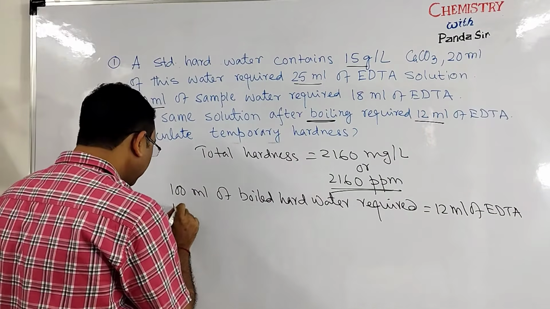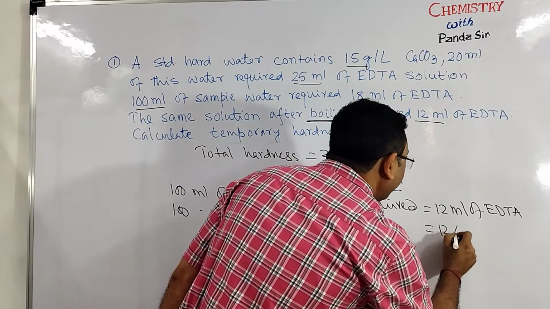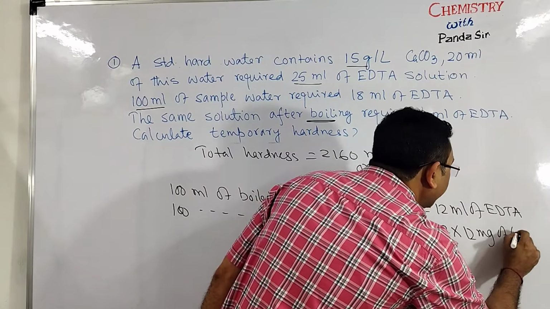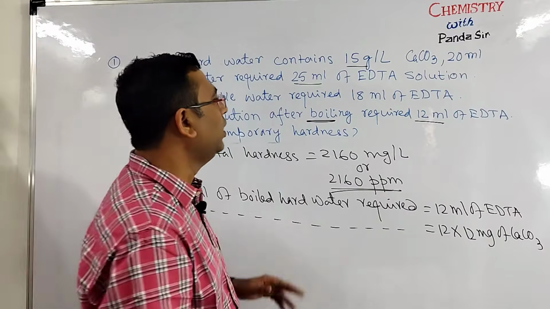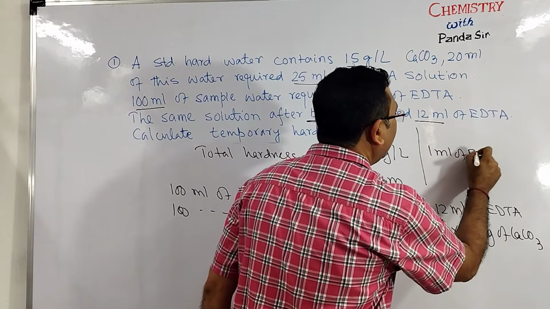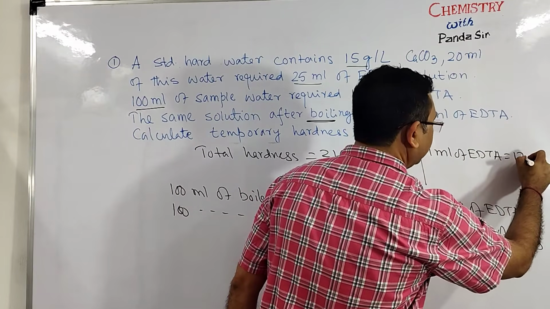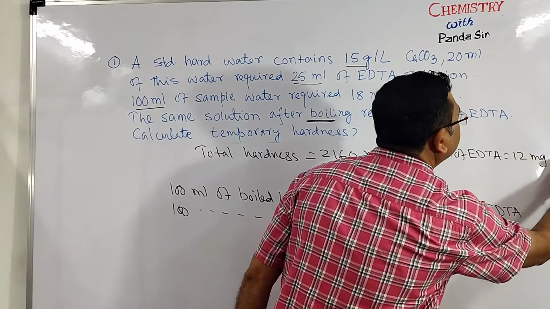Very simple, 100 ml of boiled hard water requires 12 into 12 milligram of CaCO3, because I already told you that 1 ml of EDTA is equal to 12 milligram of CaCO3.